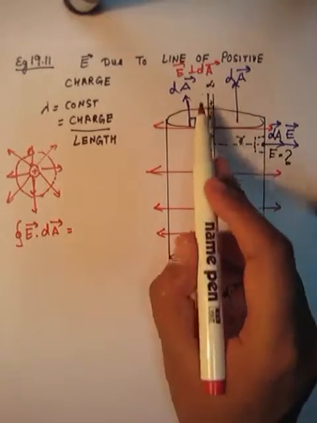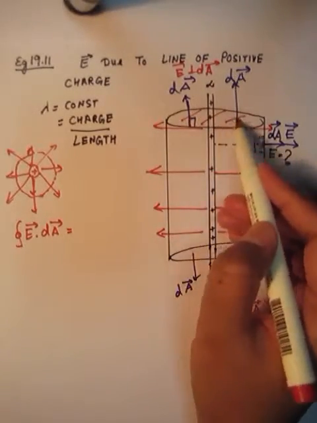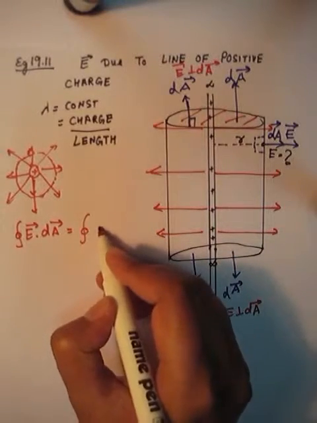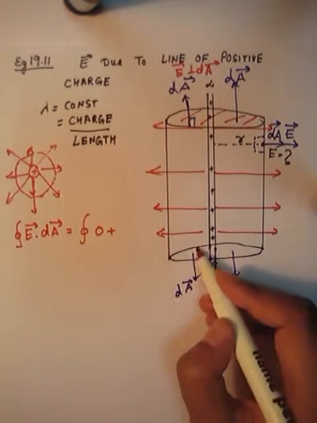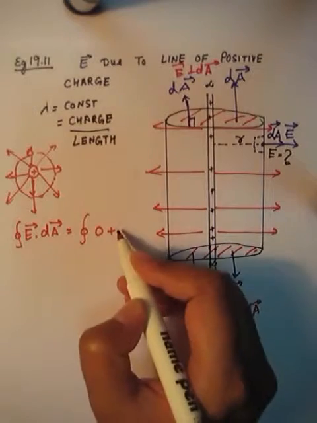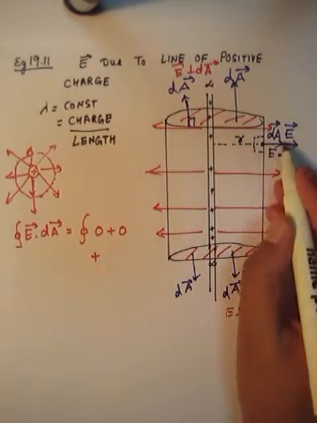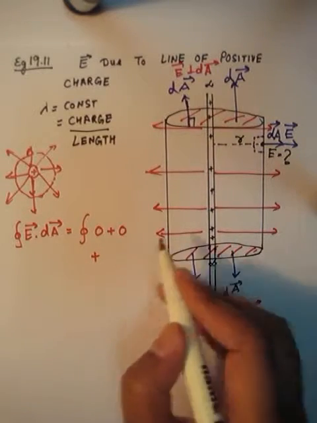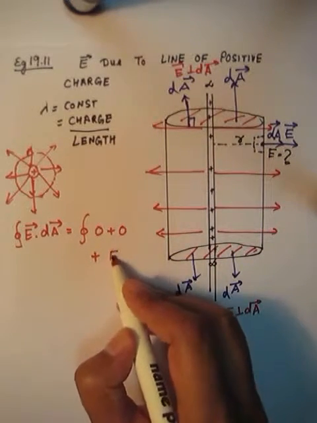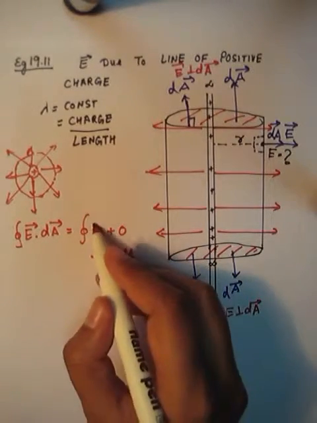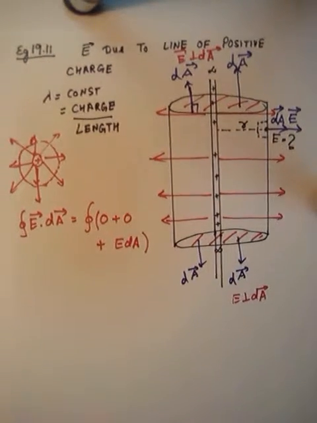For these areas, because they are perpendicular, it will be 0, and the product will be 0 again, plus for the curved surface, E vector dot dA vector, because they are parallel, is E dA cosine of 0, which is 1. So this will be the entire integral.